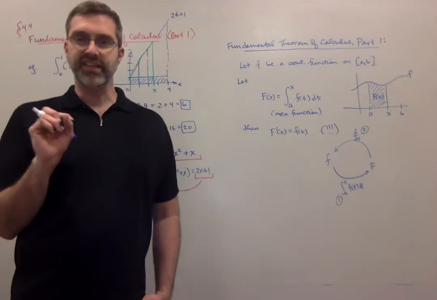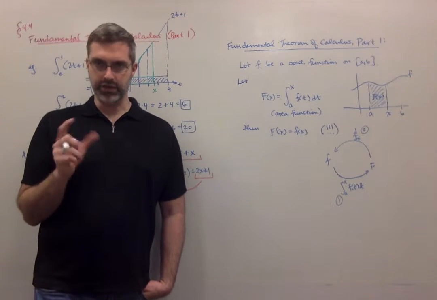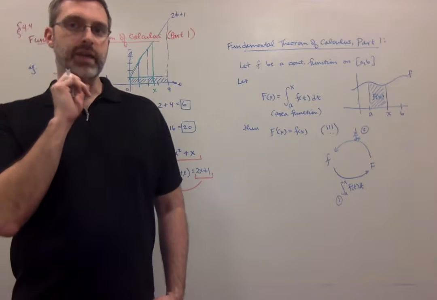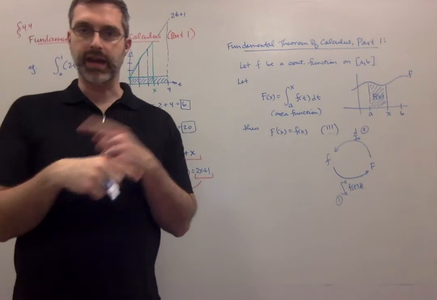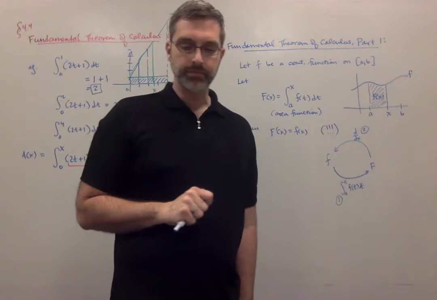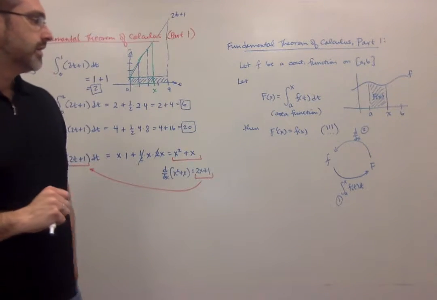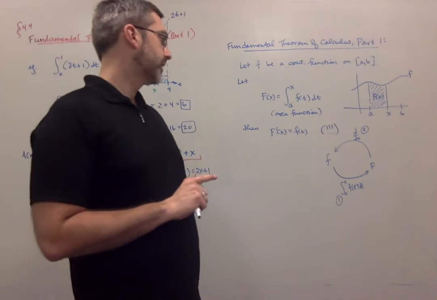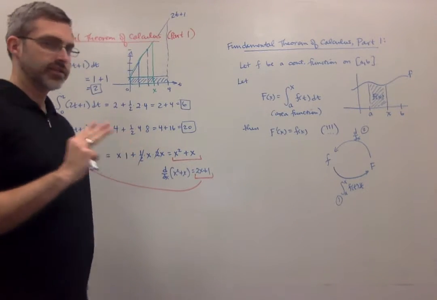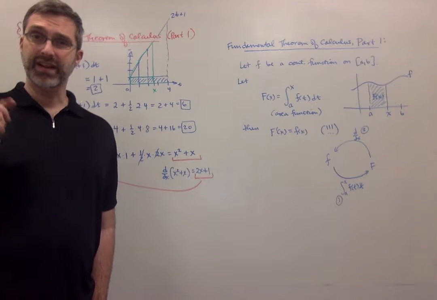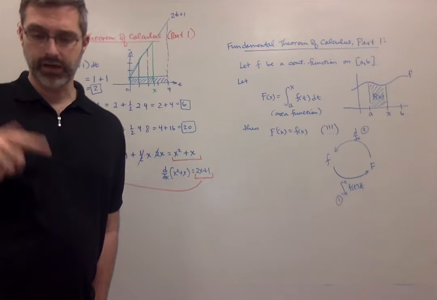In other words, it suggests that they're opposites of each other. In order to be opposites, it has to work both ways. If you differentiate and then integrate, you have to get back to what you started with too. But this is suggesting that finding areas and finding tangent lines are very closely related. They're actually reverses of each other in some way.